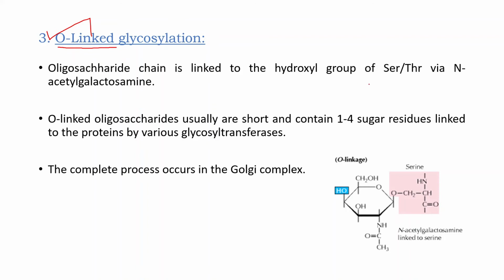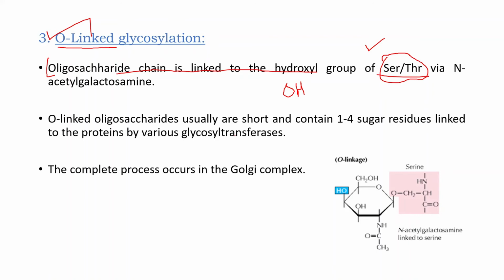It is called so because the oligosaccharide chain is linked to the hydroxyl group, the OH group of serine or threonine via an N-acetyl galactosamine. So there might be a lot of serine and threonine residues in a protein. To the hydroxyl groups of these serine and threonine residues or both, an oligosaccharide chain is linked and this is what is called O-linked glycosylation.